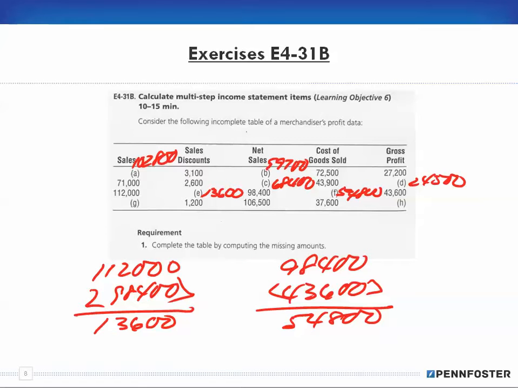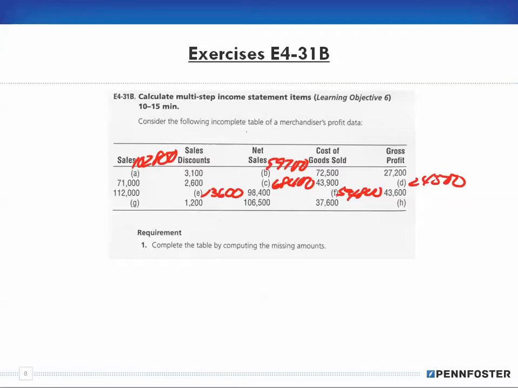And lastly, they're attacking it from the ends. In order to arrive at my sales, and I know my discounts, this is very similar to how we got the sales in the first line, except we didn't have our net sales amount. Now we do have the net sales amount. So I have 106,500 for our net sales, and I add back in my $1,200 of sales discounts in order to get my sales of 107,700.